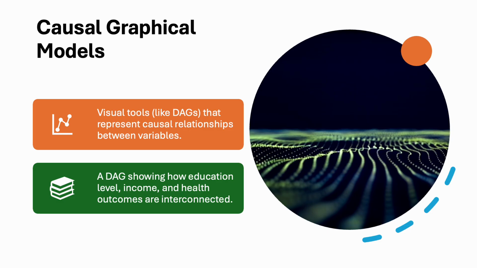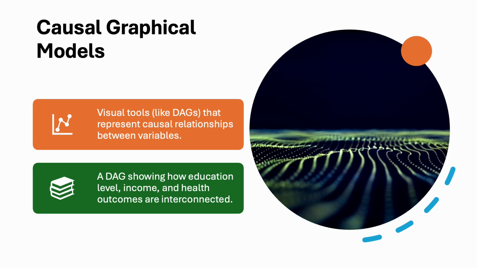These models are useful because they simplify complex relationships instead of looking at raw data or statistics. Researchers can draw a graph to see potential causes and effects at a glance. This helps in fields like medicine, where understanding how factors like diet, exercise, and genetics interact can lead to better treatments and policies.